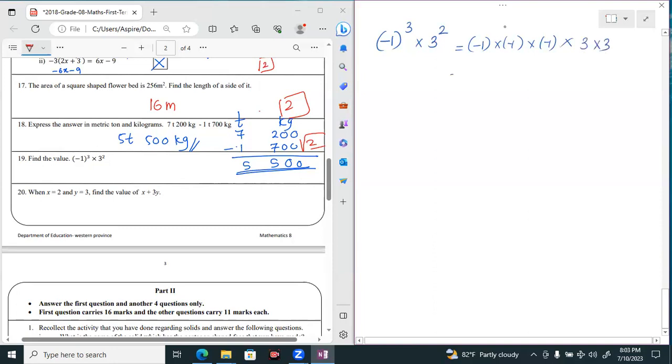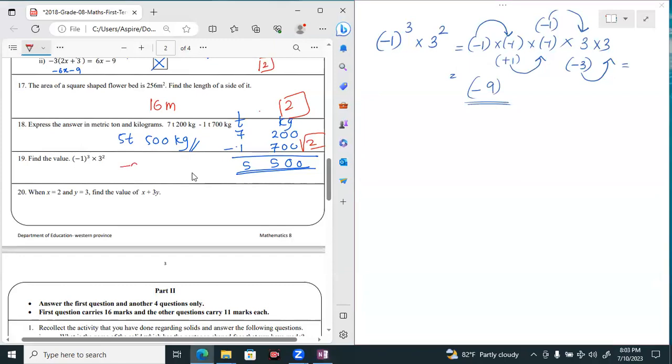Then multiply -1 into -1, it becomes +1. Then +1 multiplied by -1 is -1. Then -1 multiplied by 3 is -3. -3 is multiplied by +3. Then the answer we obtain is -9. This is the answer. It is -9.